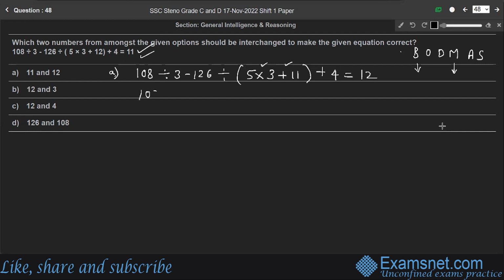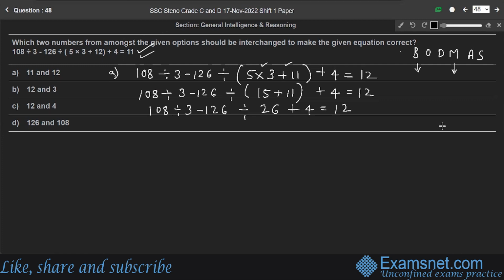So the given equation becomes 108 divided by 3 minus 126 divided by, inside the bracket we have 15 plus 11, 5 into 3 is 15 plus 11 plus 4 should be equal to 12. Now 108 divided by 3 minus 126 divided by 15 plus 11 is 26 plus 4 is equal to 12, should be equal to 12.